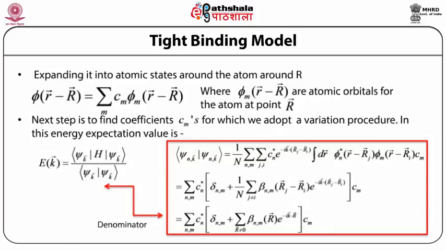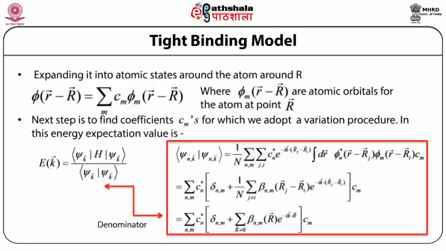From the physical picture that we have developed up till now, we expect φ(r − R) to be one of the atomic eigenstates. However, due to change of potential in the crystal, it should be allowed to be different.